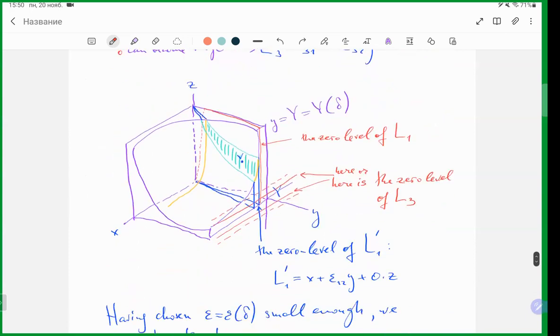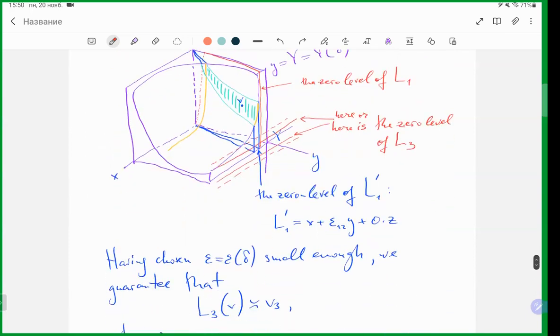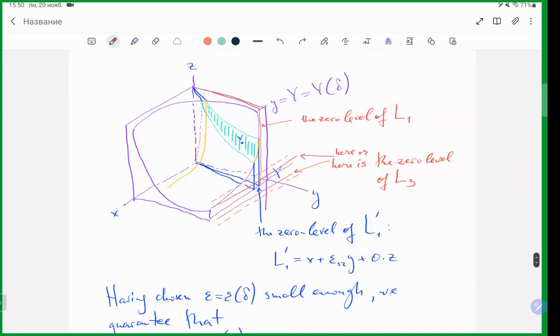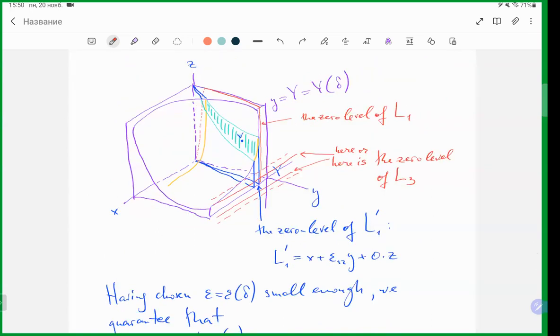And this is the picture. Was it clear, or do I need to explain something else?